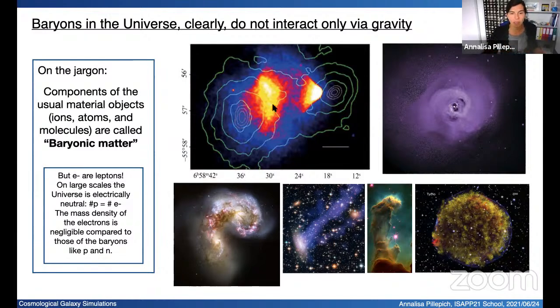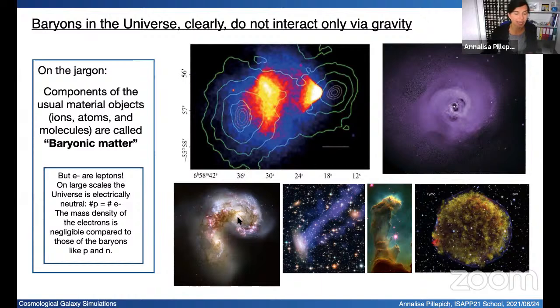So for example, this depicts the Bullet Cluster. In this cluster, these are two gigantic galaxy clusters merging, and the stars and dark matter are in a certain position, but the gas sloshes and goes to different positions in the merger compared to the collisionless material. This is the center of the Perseus cluster.